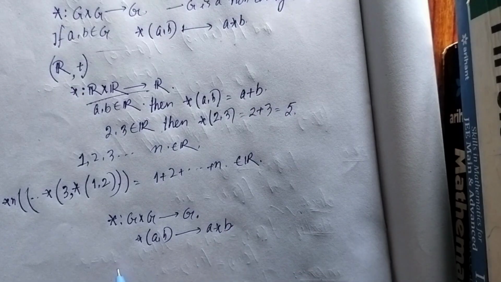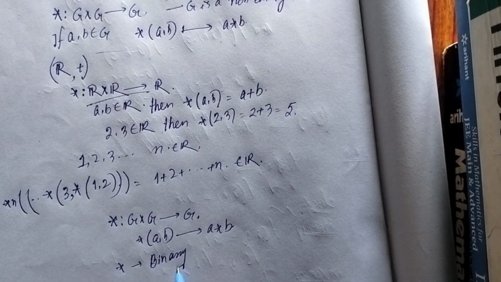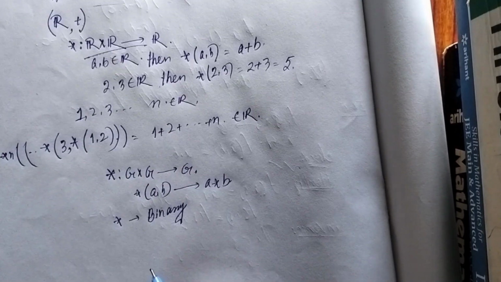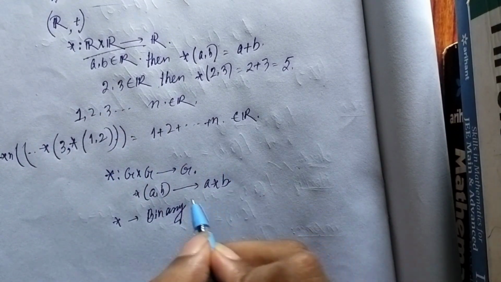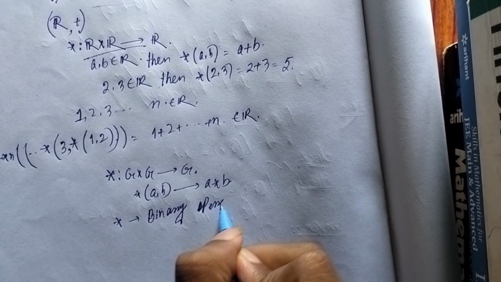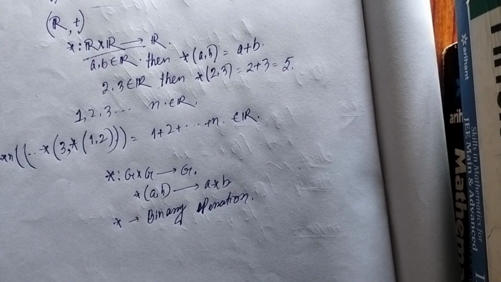Star is a binary operation on this set G, which means this implies this thing. In our next video we will discuss the semigroup, the monoid, and ultimately how the definition of a group comes from it, and a lot of properties definitely.